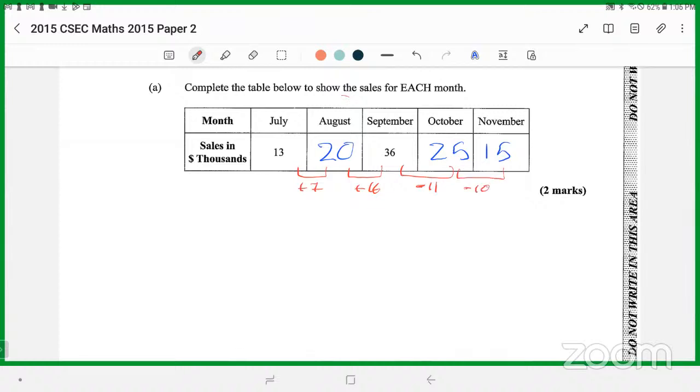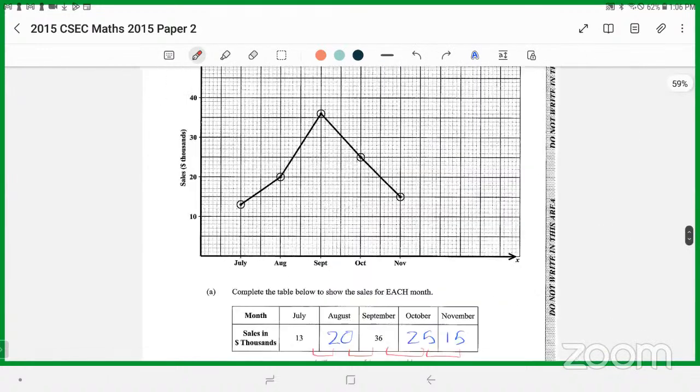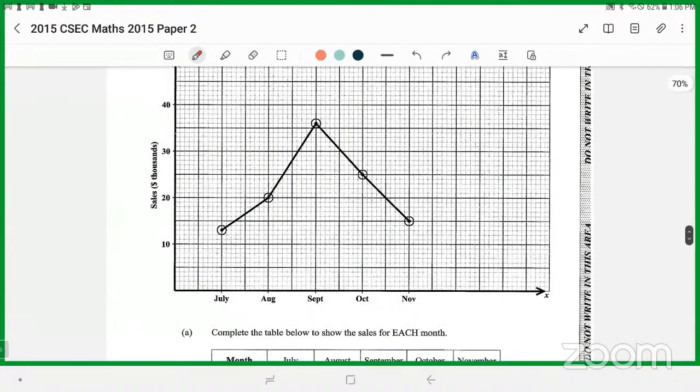So the greatest increase in this year is between August and September. Look at the numbers. Let's look at the graph now. Here, August and September. Look at it: the longest line sloping upwards, longer than this one. Plus, it is steeper than this one. That's a gradient of that way. This gradient is less, a lower gradient.